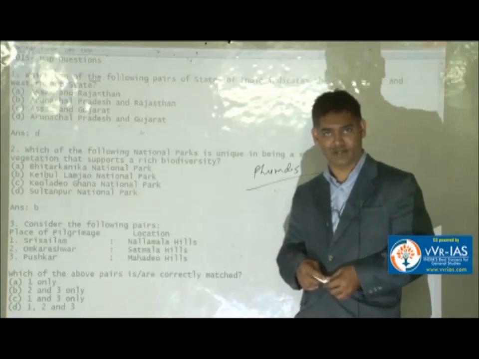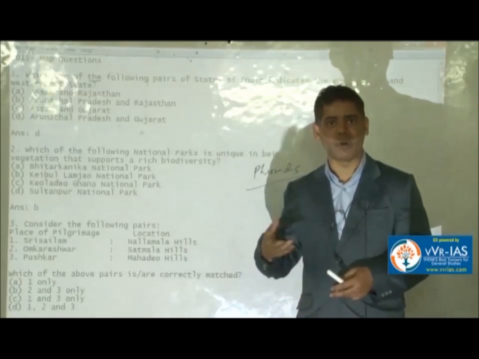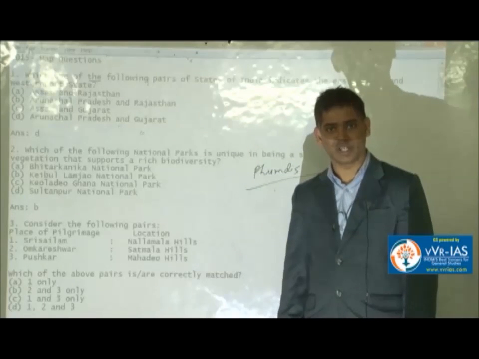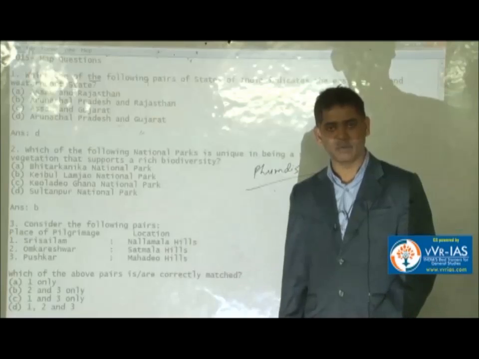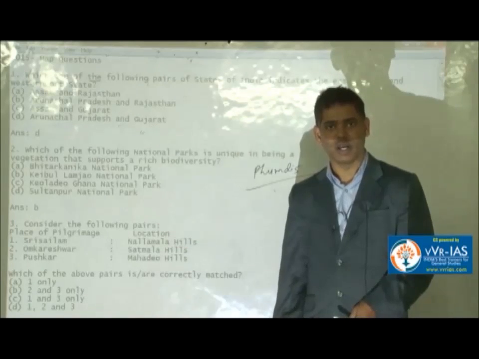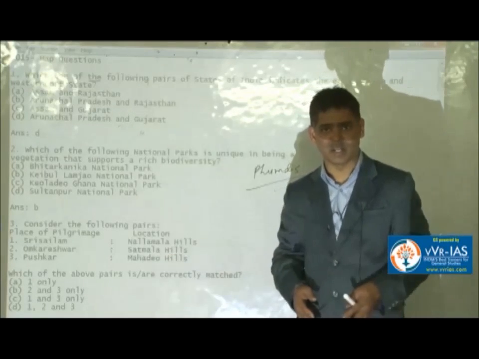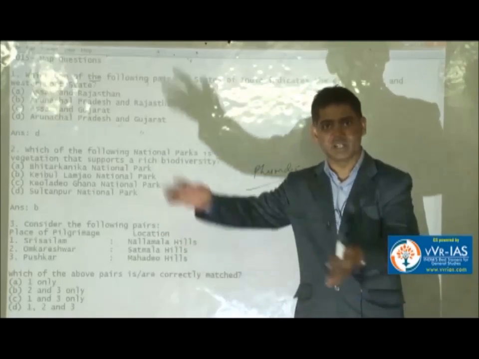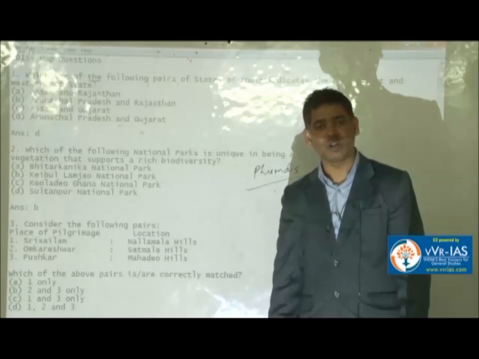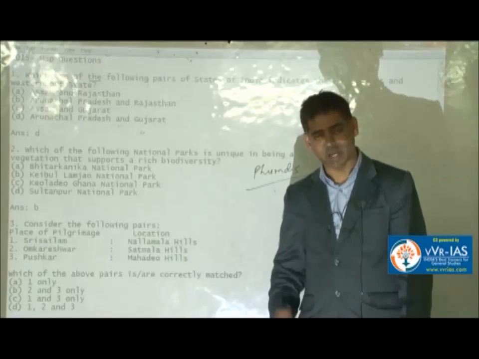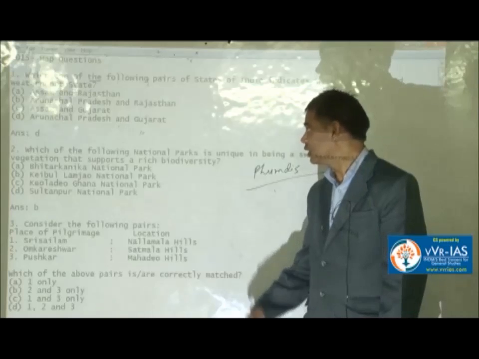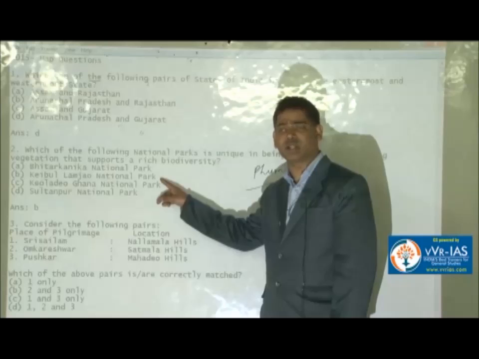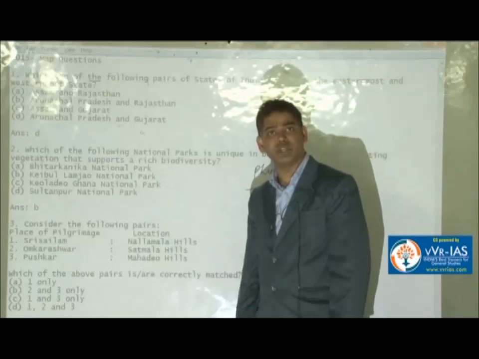It is the aggregation of mud, vegetation and different biological items together, and with time they have become strong and they float on the water, like a boat can float on water. In the same way, this structure floats on Loktak Lake, and the national park is called Keibul Lamjao National Park. So this is very, very important. This is the floating national park of India, and the answer is B.